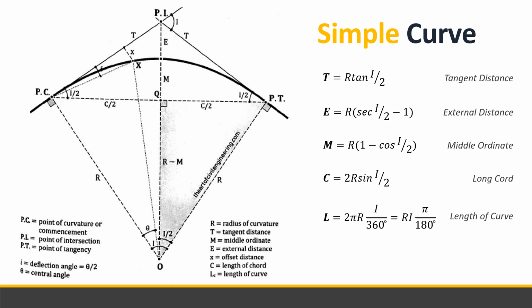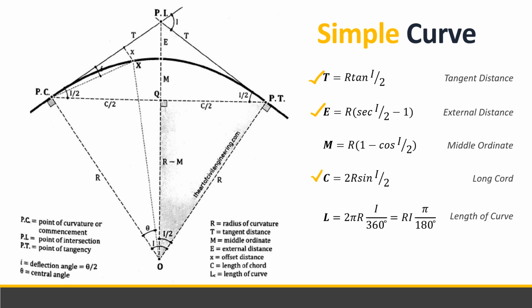So to summarize, tangent distance is R tangent I over 2. External distance is R secant I over 2. Middle ordinate is R times 1 minus cosine I over 2.